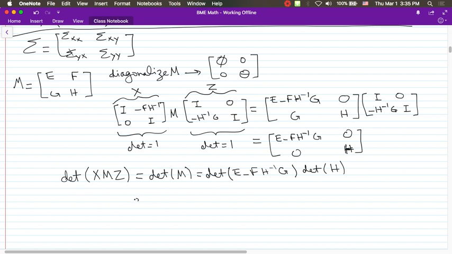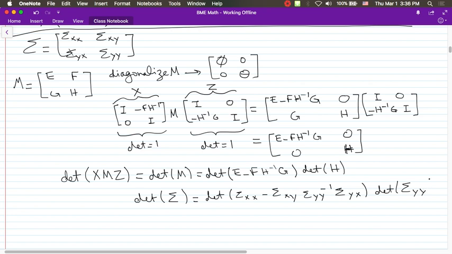I found the determinant of the matrix sigma. I have been able to write it as the determinant of E, which is sigma xx minus sigma xy sigma yy inverse sigma yx, times the determinant of sigma yy.